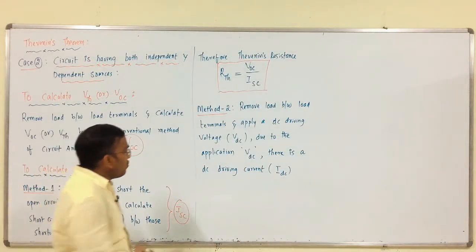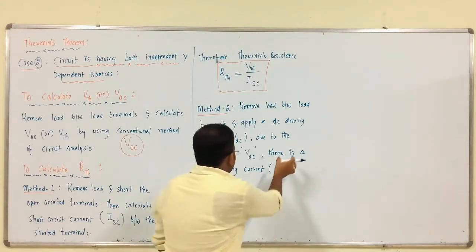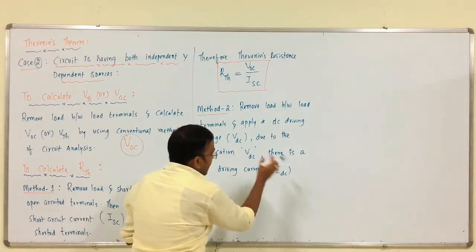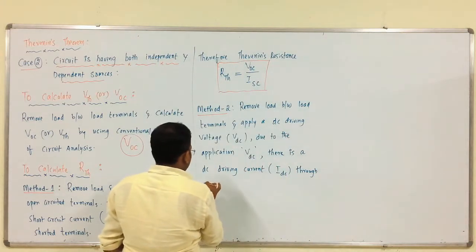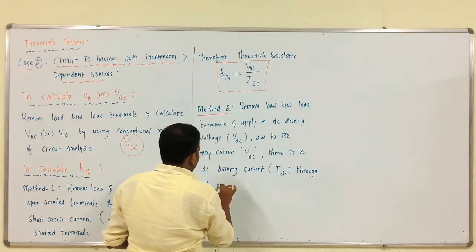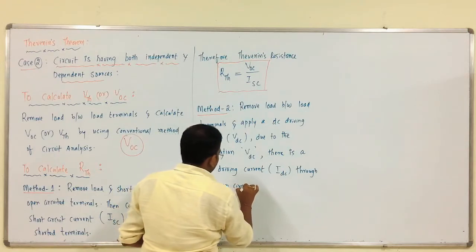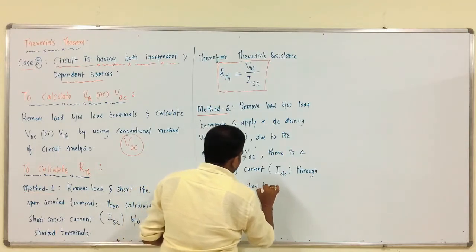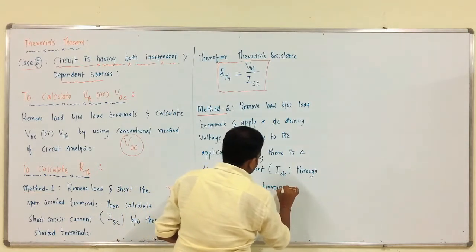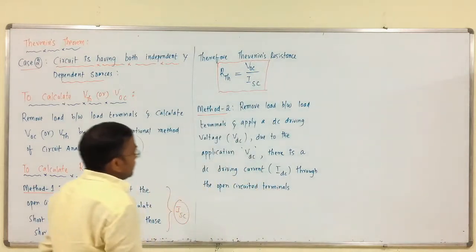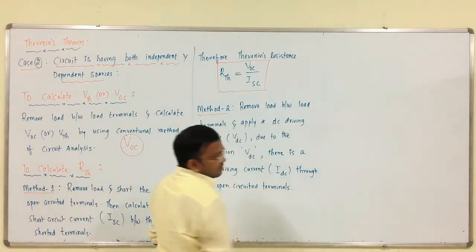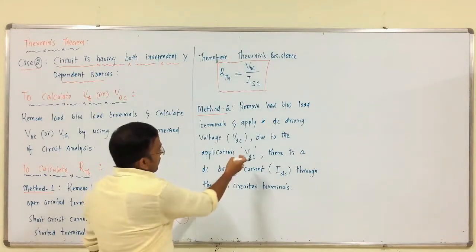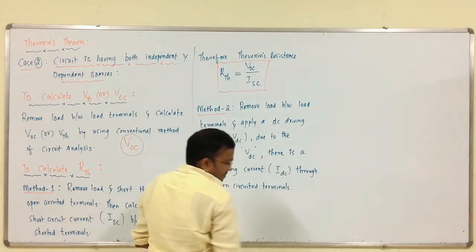Due to the application of the DC driving voltage, there is a DC driving current, that is IDC, through the open circuited terminals. So, we have VDC and IDC.